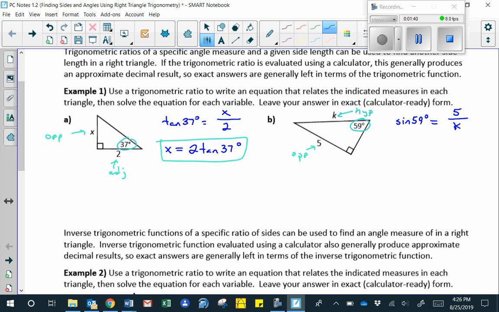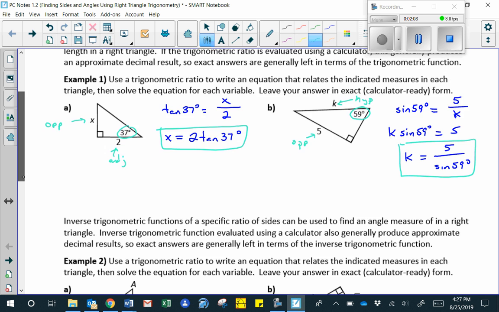Now our variable's in the denominator, but we're still going to go ahead and multiply through by the denominator. That gives us K times the sine of 59 degrees is equal to 5. Next, to solve for K, we can divide by sine of 59 degrees, and that'll give us K is equal to 5 over the sine of 59 degrees. And there again is our exact form or calculator-ready answer.